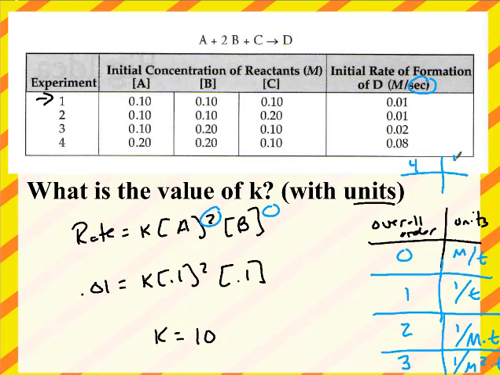Fourth order would be 1 over molarity cubed times time. So overall order minus 1 gives you how many molarities you're going to have. So since this is third order, it's going to be 1 over molarity squared times seconds.